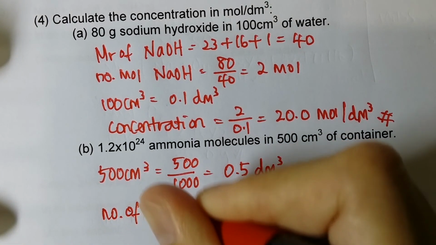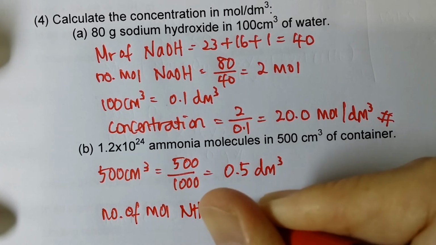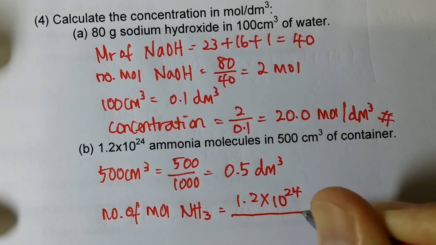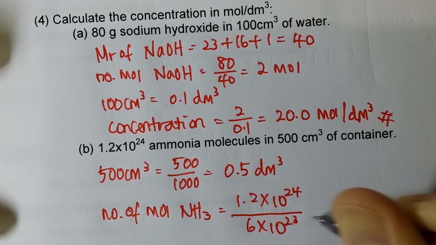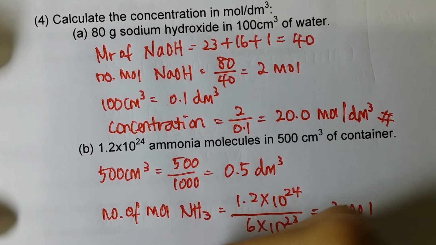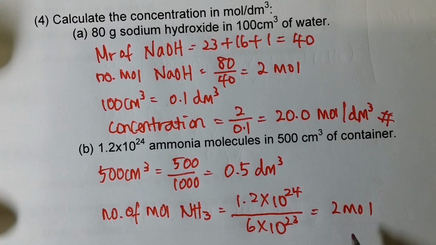So the number of mole of NH3 is the number of particles divided by Avogadro's number, which is 6 times 10 to the power 23, and that would give you 2 mole. And the concentration would be 2 mole divided by 0.5, which gives you 4.00 mole per dm³.